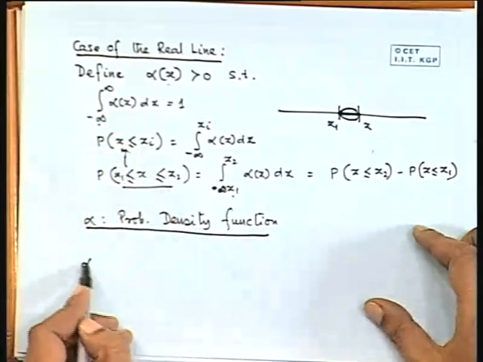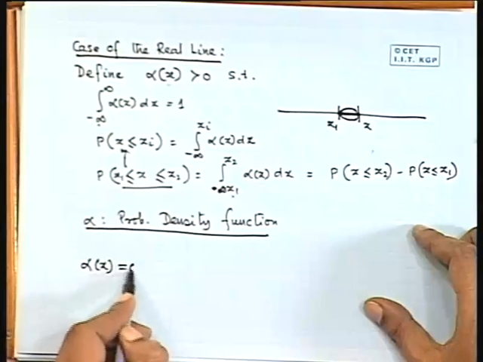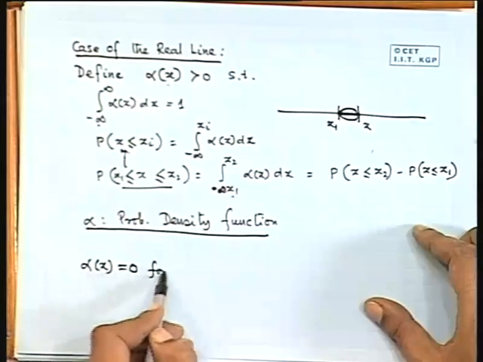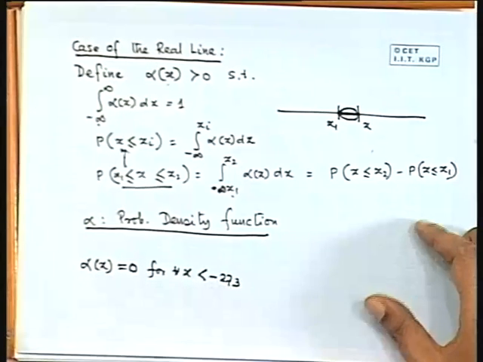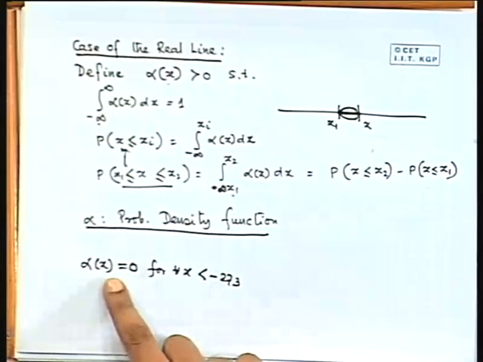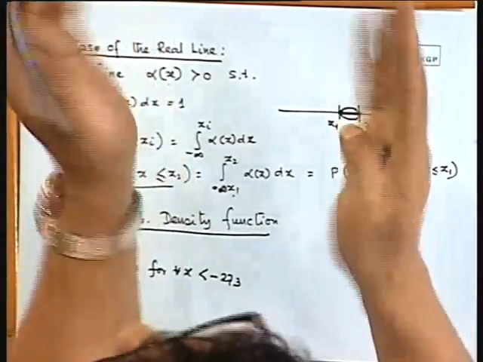But this is a generalized definition, so you can always assume that alpha x is equal to 0 for all x less than minus 273. Even if you want to deal with a finite range, practically speaking you need not, but if you want to, simply make the function alpha 0 beyond that range. That will do.